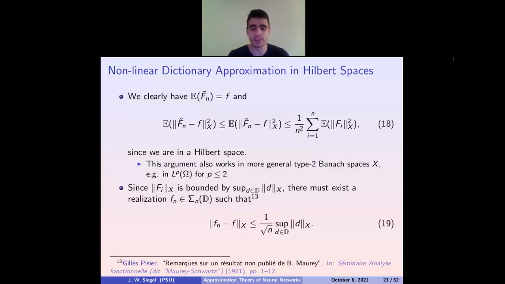This fundamental sampling argument is due to Maurey, and it's from functional analysis in the 1980s. It tells you that if you're approximating a function in the convex hull of this dictionary, the rate of approximation is at least 1 over root n for these nonlinear dictionary expansions.